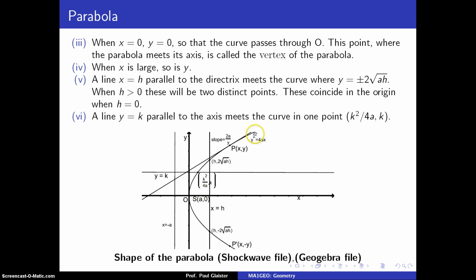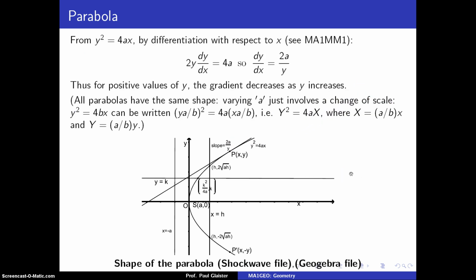At a slower rate, we know that the gradient 2a over y will decrease as y increases, but nevertheless is always positive for finite x, and so the graph just continues on forever. So as you can see at the top there, implicitly differentiating the Cartesian equation for the locus, we get dy by dx is 2a over y.